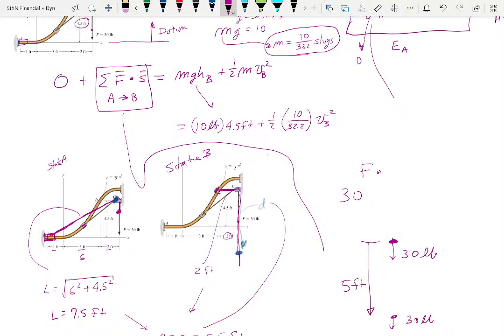So F dot S would be 30 pounds applied through 5 feet, or 150 foot-pounds added to it. So it becomes plus because the force and its movement, S, are in the same direction.